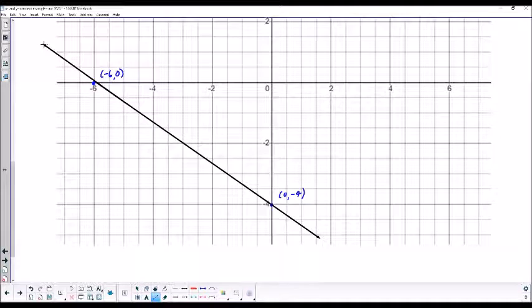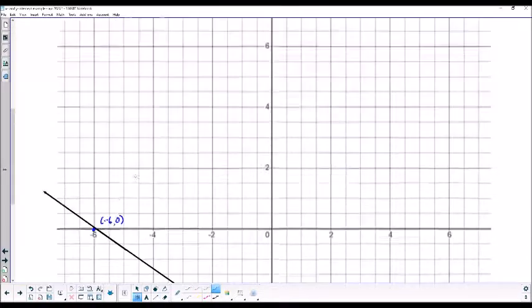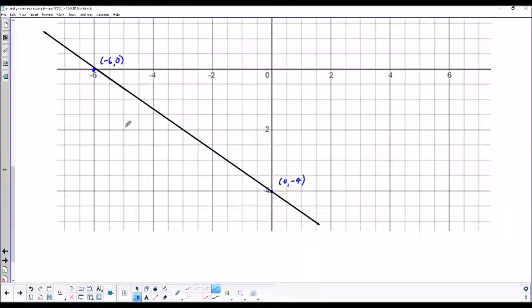I kind of missed the x-intercept a little bit, but that's basically the way the graph would be drawn for that equation. So the equation of this line, as we can see up here, is 4x plus 6y equals negative 24.